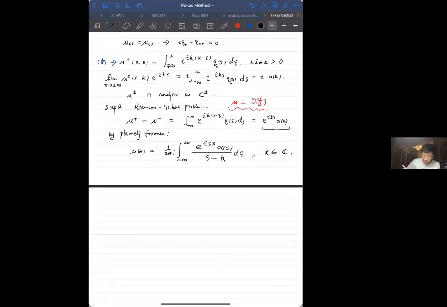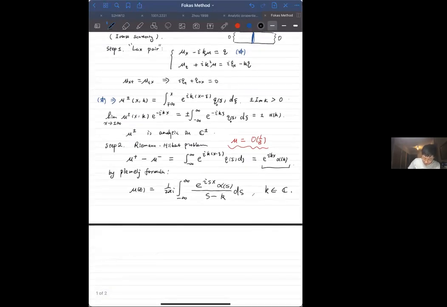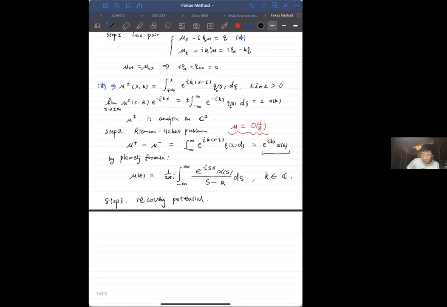How to do the inverse scattering? You need to connect the solution to the RHP and the potential. So let's go to step 3, recover the potential.